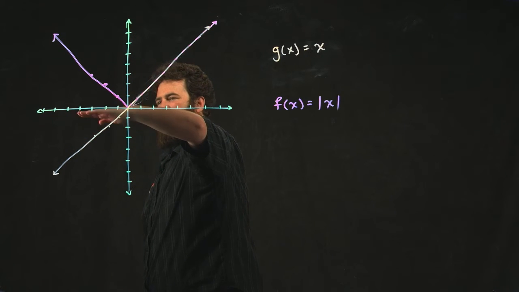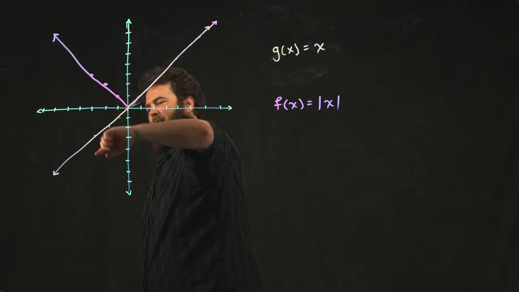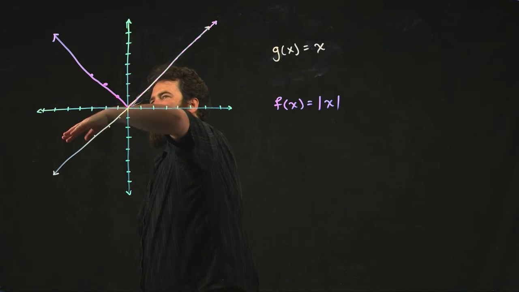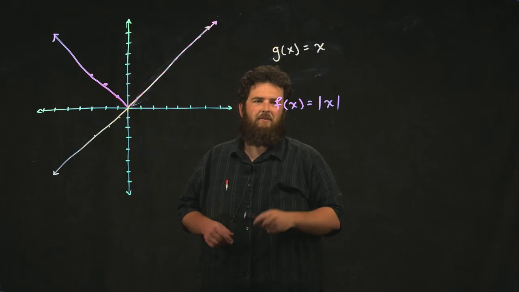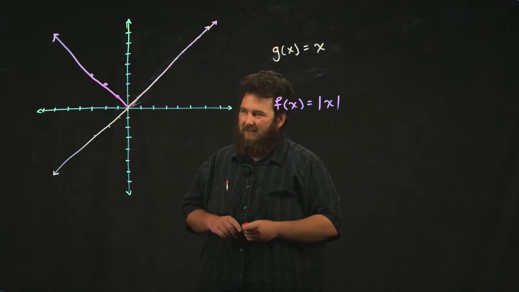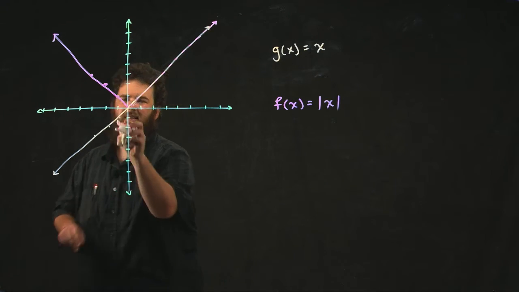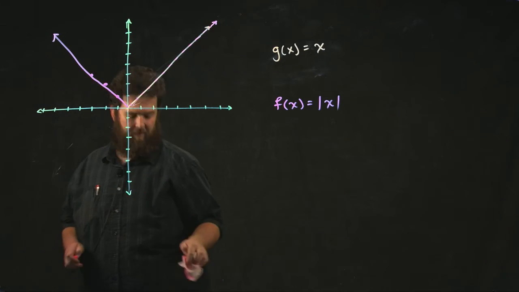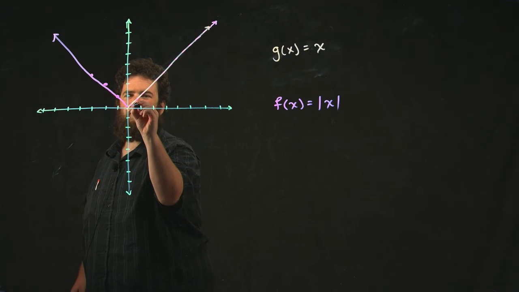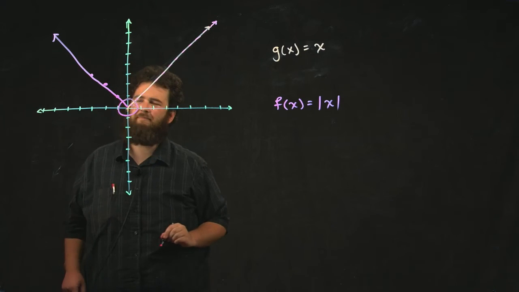If I were to take a mirror right on the x-axis, I would see that this line would flip, boom, and land precisely on this line, right? So the absolute value graph is this nice V shape with a sharp corner right here at 0.